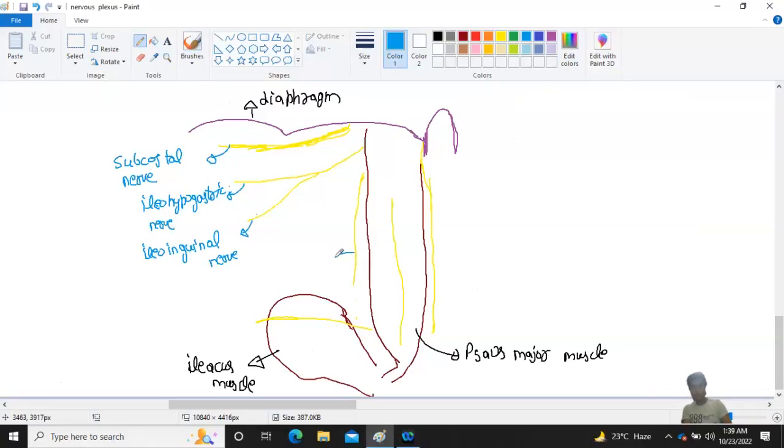Then this is the femoral nerve. And this is the lateral cutaneous nerve of thigh. This is the obturator nerve.